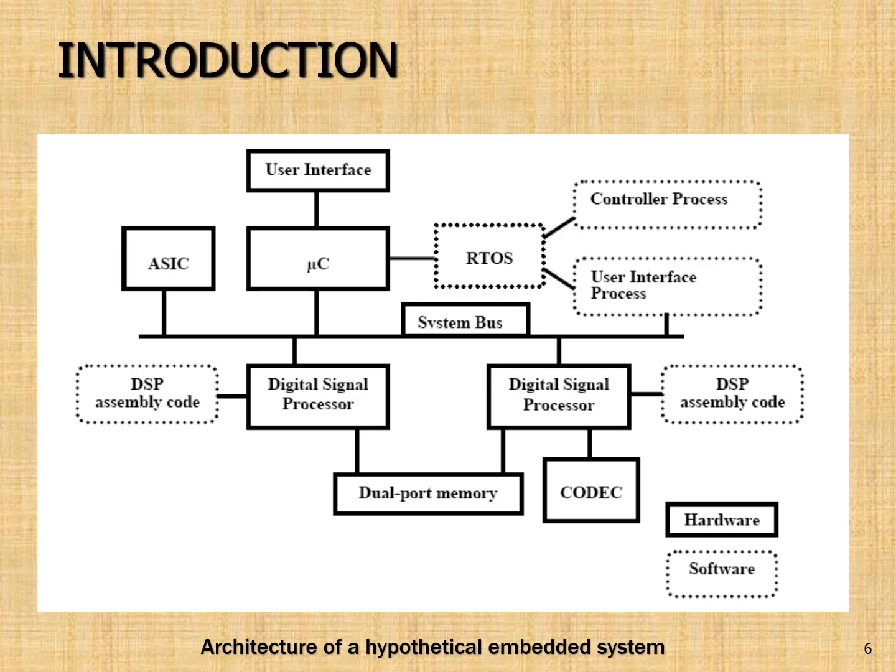Slide shows a general architecture of a hypothetical real-time embedded system where a microprocessor with RTOS, as in the previous class we have discussed, it is real-time operating system, handles control and other interface tasks, while the DSP performs high-speed signal processing.